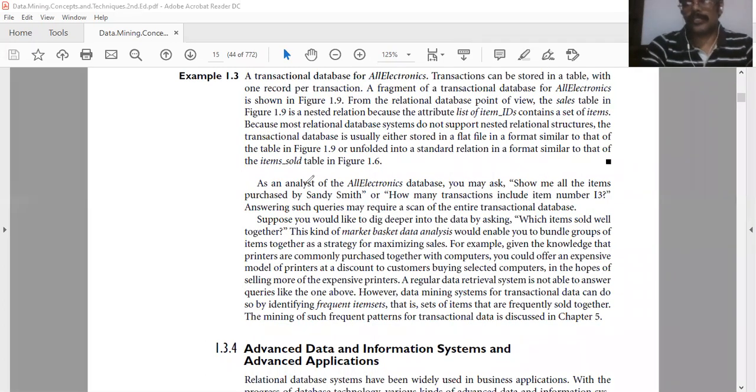Now, an analyst of the AllElectronics database asks, show me all the items purchased by Sandy Smith, or how many transactions include item number I3.